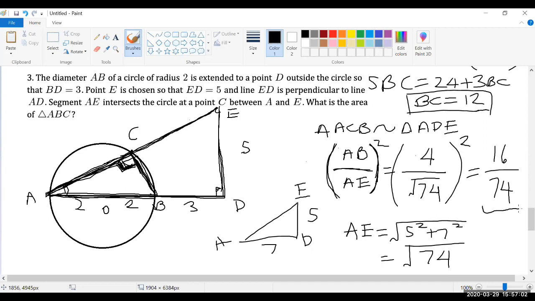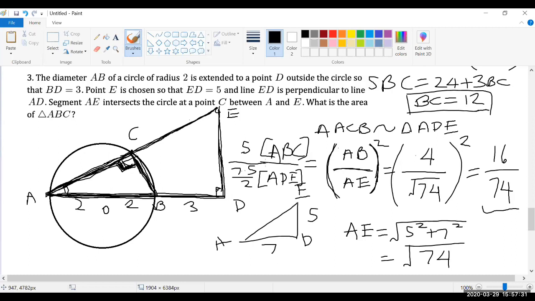Now, what does this tell us? This is the ratio of the area between ABC and ADE. All right. We can get the area of ADE by multiplying this base by the height, which is 7 times 5. And then we divide that by 2, so 35 over 2.